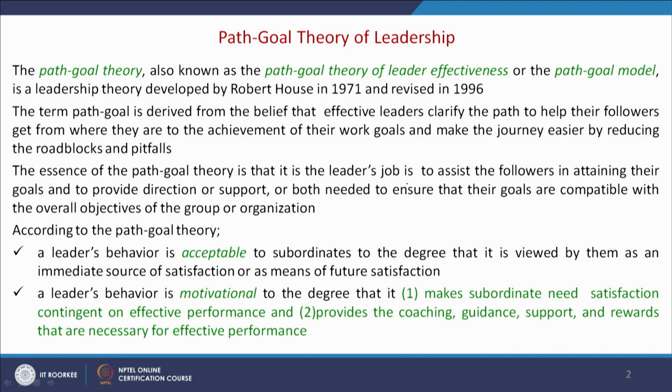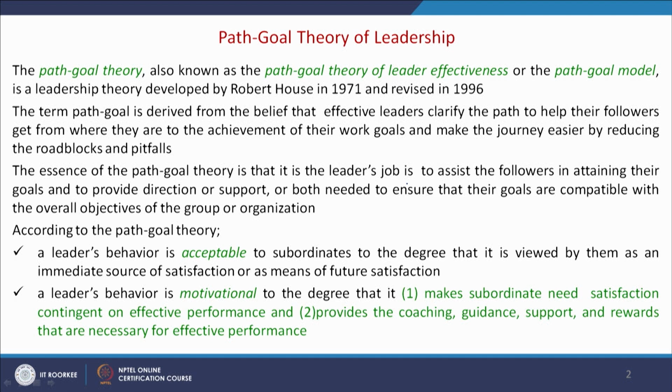Now, if I go back to the discussion, I will also consider that if that moderation has been performed between environment and personal characteristics of the follower, then defining a particular leadership style will actually help to satisfy two perspectives again. The leader behavior is acceptable or not, and at the same time the leader behavior is motivational or not.